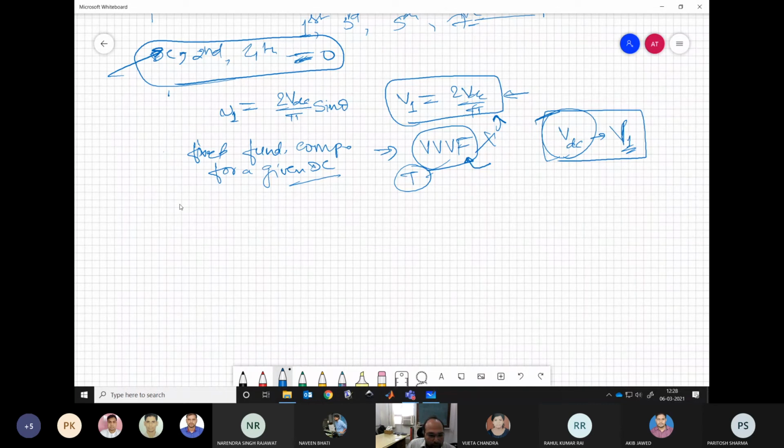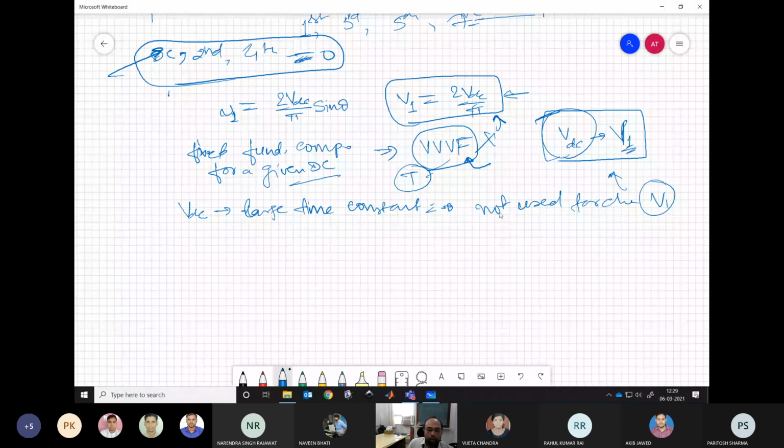If we try to change it through our VDC voltage, it will take a very long time to change from one voltage to another because it has a very large time constant. So that's why this is generally not used for changing V1, the magnitude of the fundamental component.